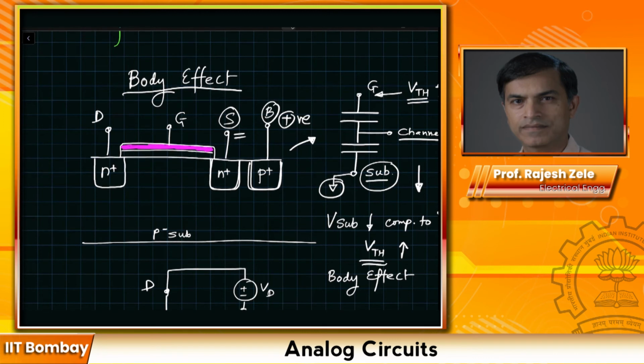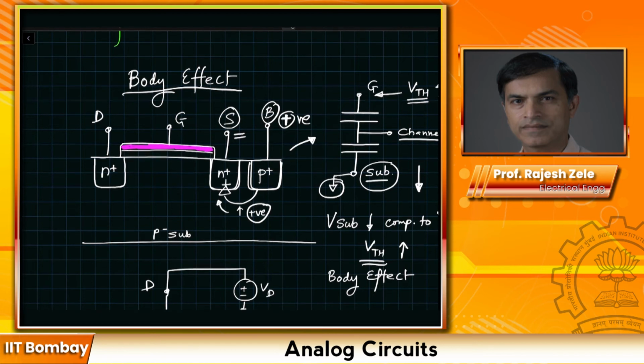And if I take bulk positive compared to the source, then this particular diode will get forward biased and you will start seeing current, which is a large current because of the forward biasing of the diode. This is definitely not desirable because this is current which is wasted and your transistor equations will change because you have not taken that into account.